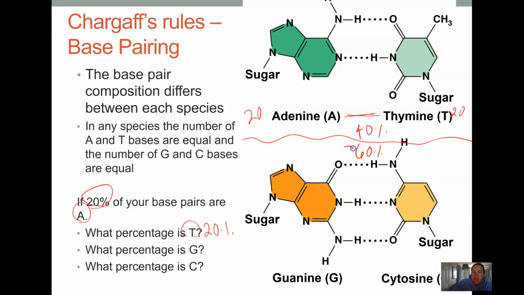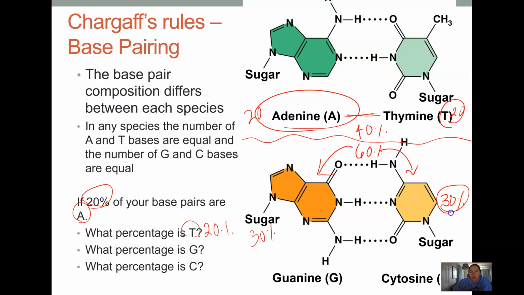And since we know that they have to be equally distributed because they're paired, we know that 30% has to be guanine and 30% has to be cytosine. So, we started off simply by knowing adenine. Knowing one will be able to tell us the percentages of everything else. This is Chargaff's rule.